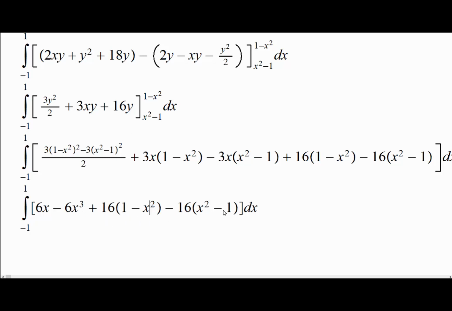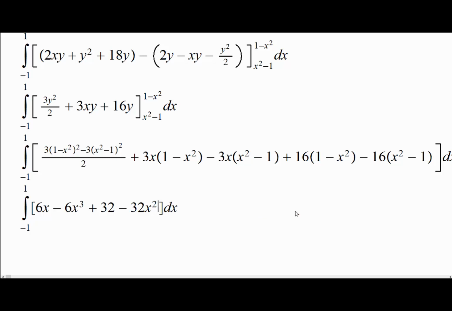Then 16 plus 16 gives us 32, and minus negative 32x squared.